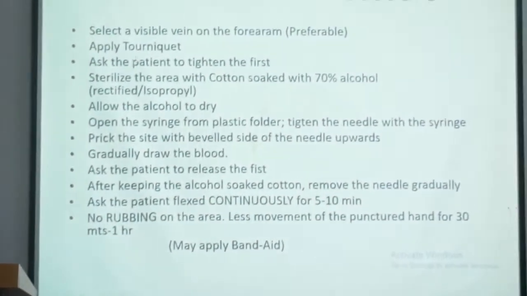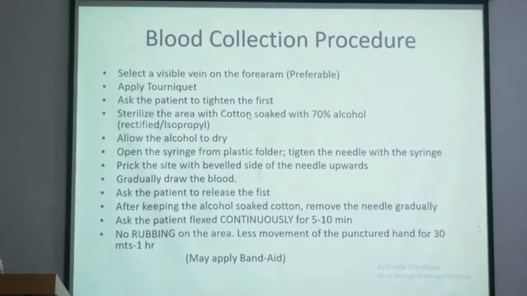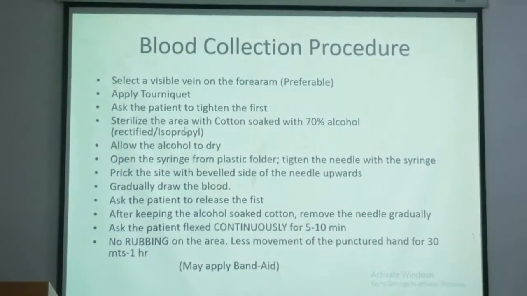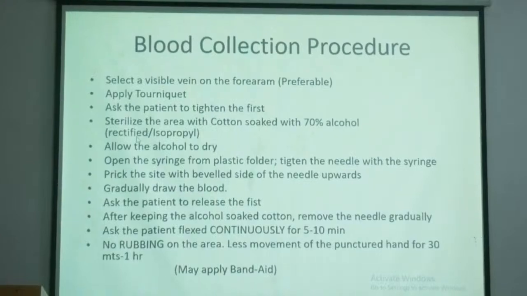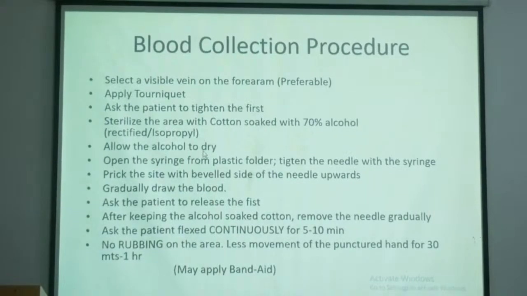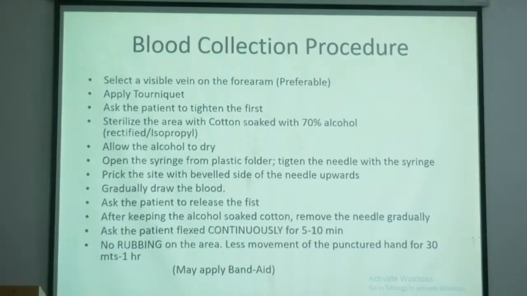So, as I told you, apply the tourniquet and ask the patient to tighten the fist; this part I have covered. Sterilize the area with a cotton swab with 70% alcohol and allow the alcohol to dry. Open the syringe from the plastic holder and tighten the needle; you must ensure it is tightened, otherwise there will be leaking from that side.